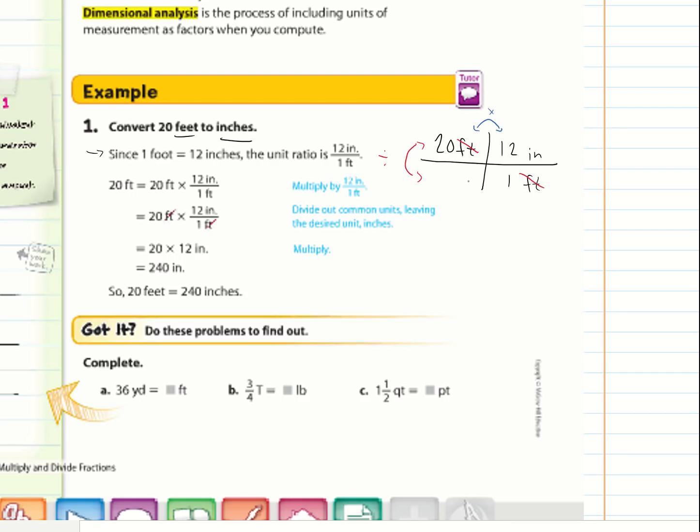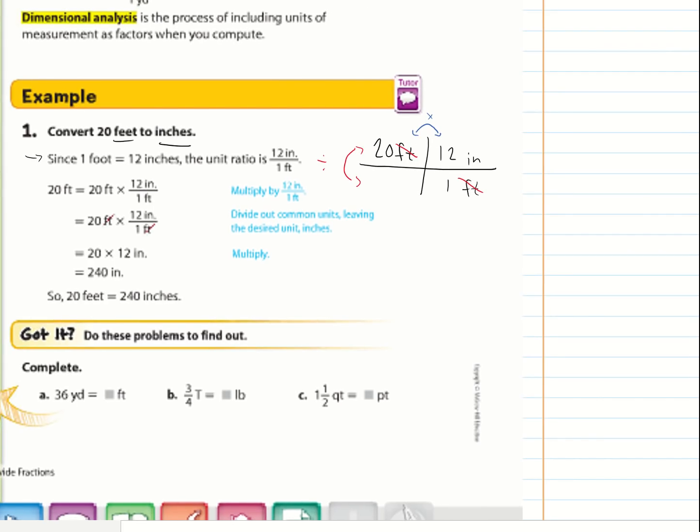So now all I'm left with is 20 multiplied by 12 inches. So 20 multiplied by 12 inches is going to give me 240 inches. And then divided by 1 is still going to be 240. So I'm just going to recap what I just did. I created the table. 20 feet is what I'm starting with. My ending point is inches, so inches go on top, and I need feet on the bottom. That way I can cancel out my feet, because I have to get rid of my feet. I can't do 20 feet times 12 inches.